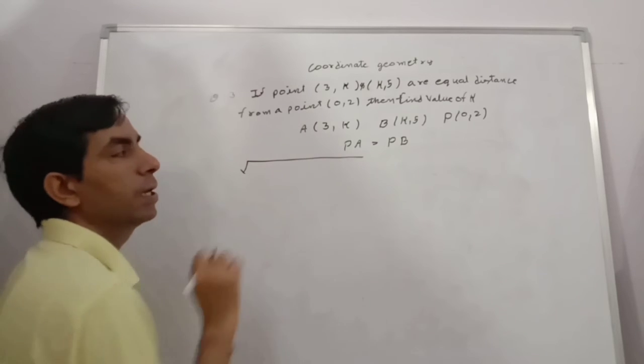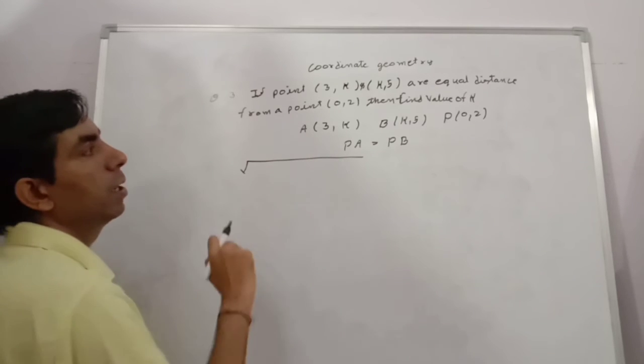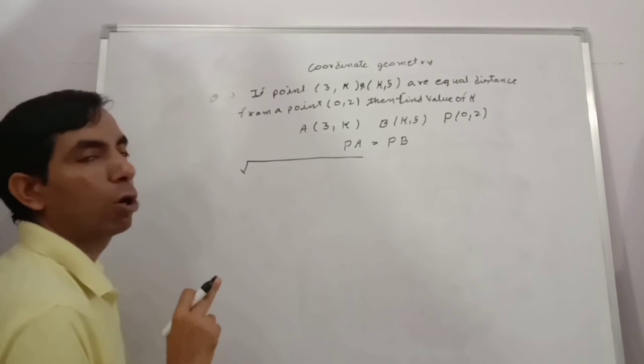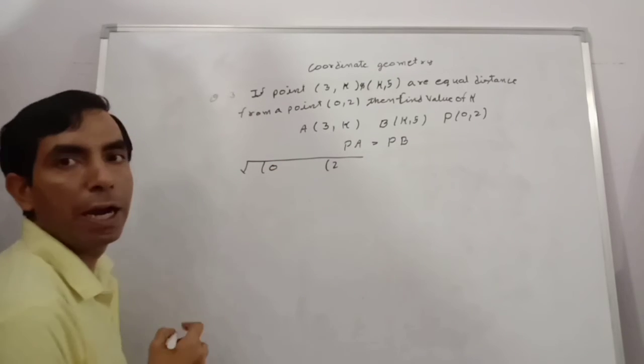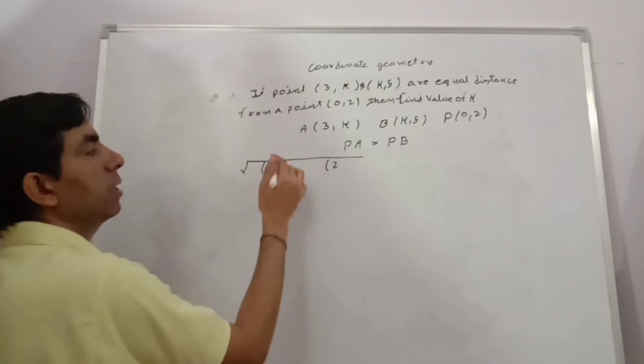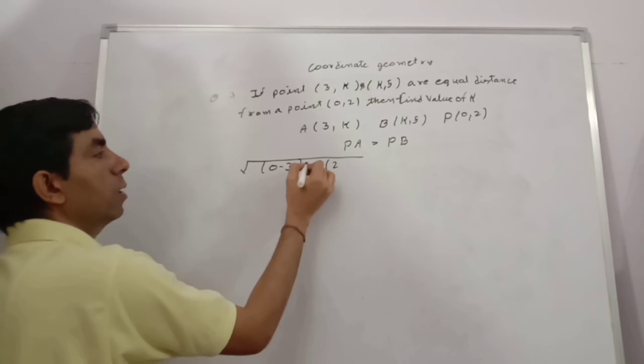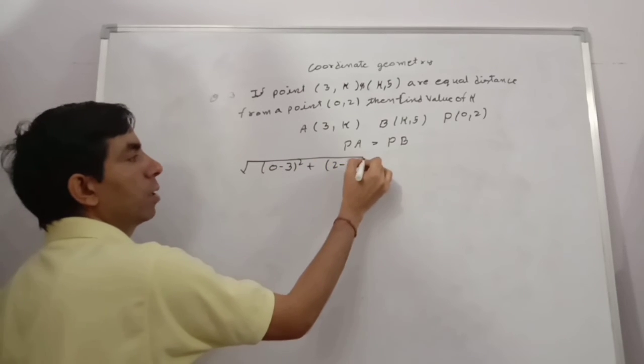The formula of PA is root. We take the P point, the coordinate x2, y2, which is (0, 2), and change the x1, y1 sign: 0 minus 3 whole square plus 2 minus k whole square.